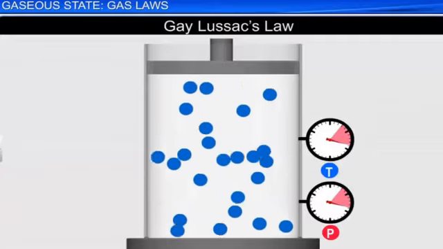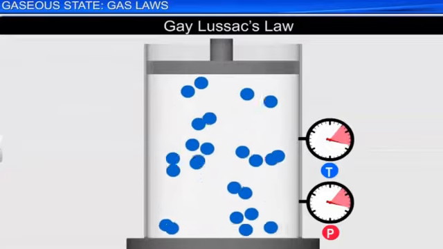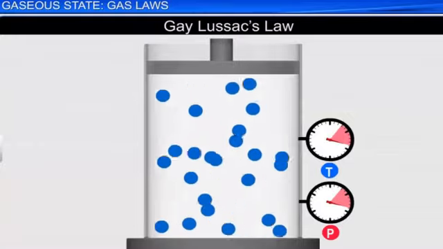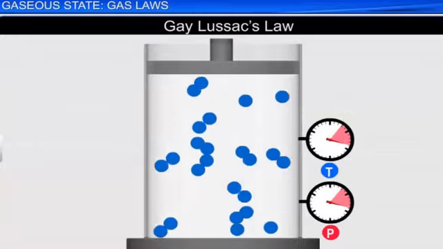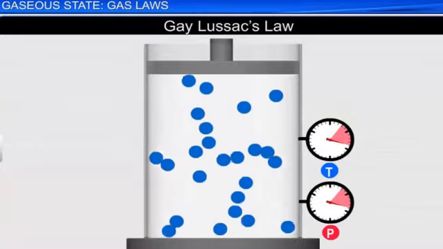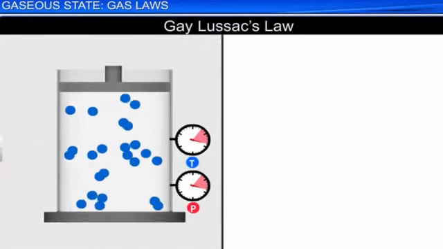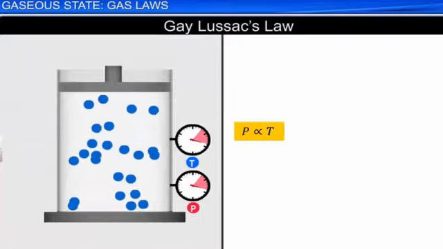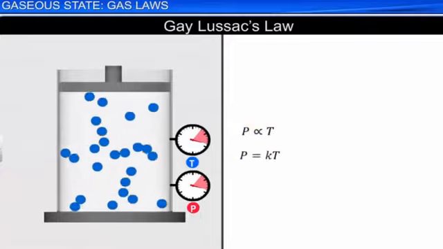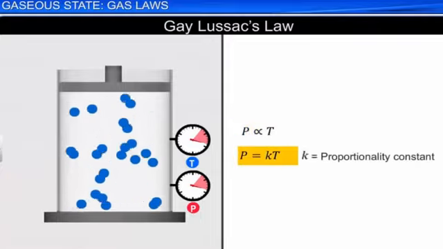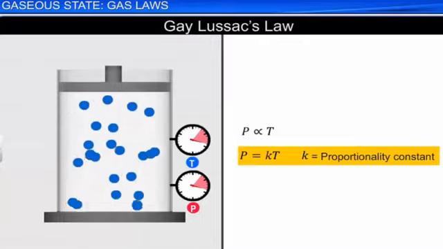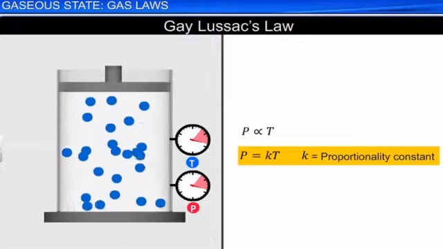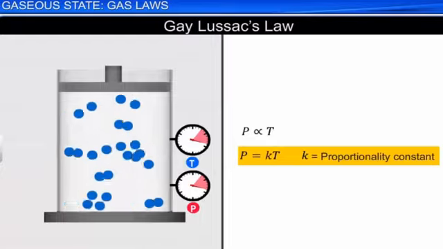In other words, at constant volume, pressure of a gas increases with increasing temperature and decreases with decreasing temperature. Mathematically, Gay-Lussac's law can be written as P is directly proportional to T, or P is equal to KT, where K is the proportionality constant. The numerical value of the constant K depends upon the amount of the gas taken and the volume.